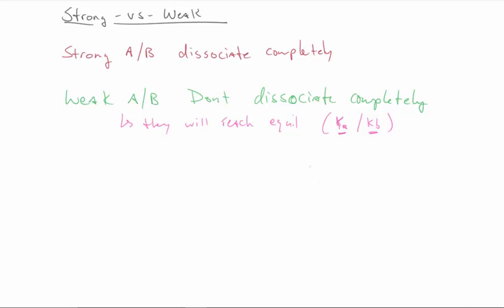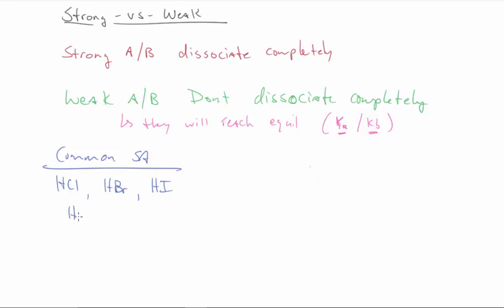So what strong acids do I need to know? Your common strong acids are hydrochloric acid, HCl, hydrobromic acid, HBr, and hydroiodic acid, HI.